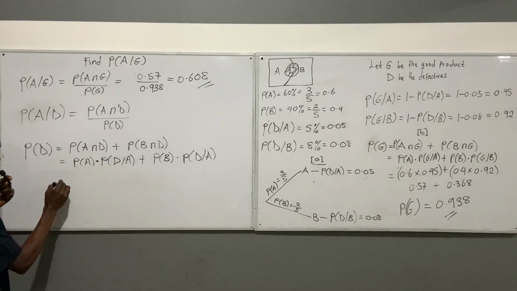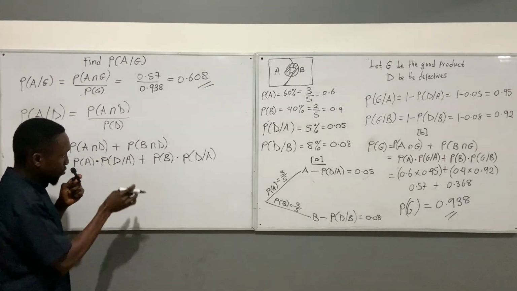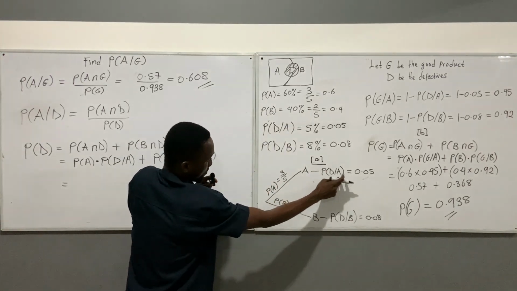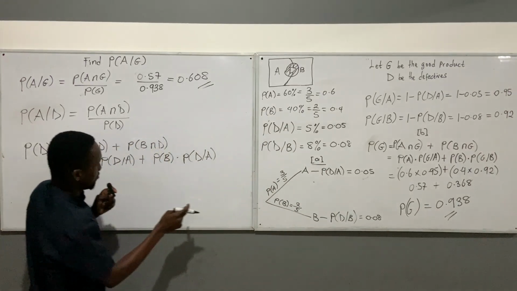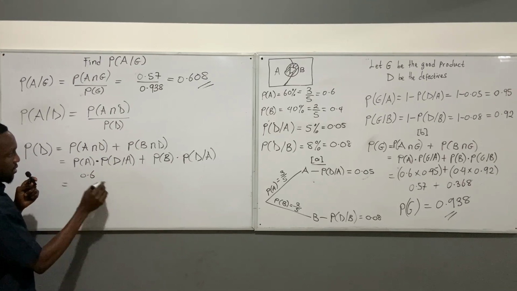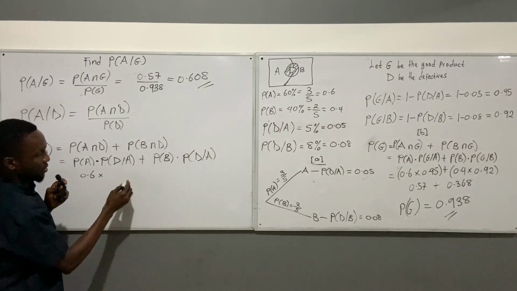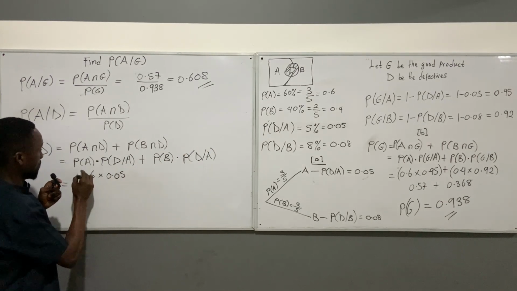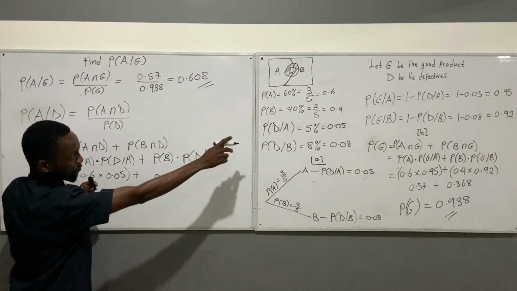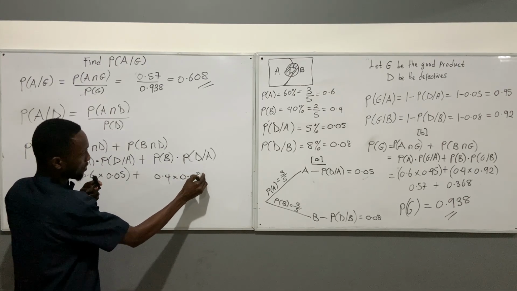Okay, now we already know the conditional probabilities of the defective products brought by supplier A and supplier B. We have them in the tree diagram, which is here. So we know the probability of A to be 0.6 times its own, which is 0.05, plus, this is giving us 0.4 from there, then times 0.08.